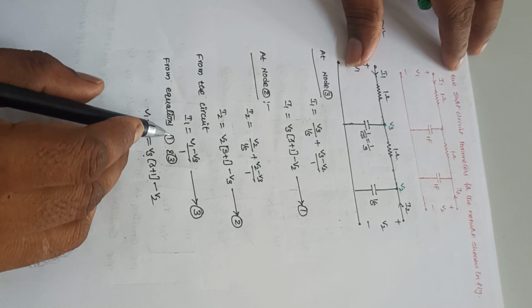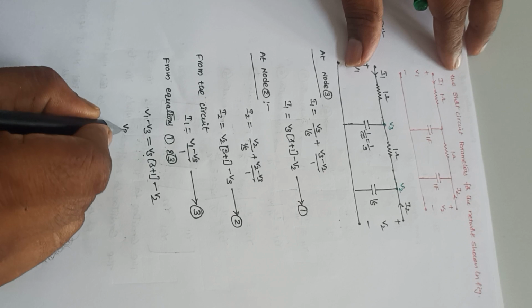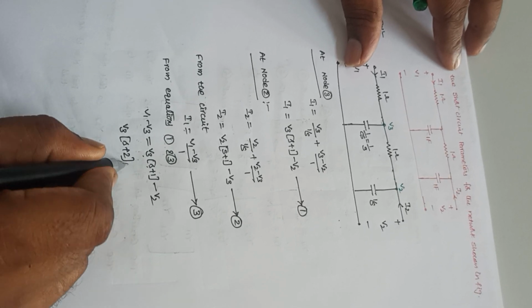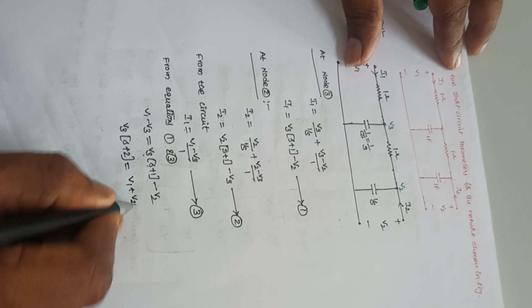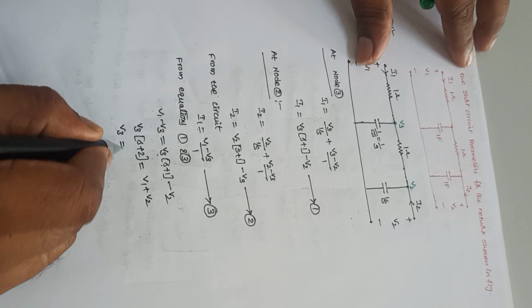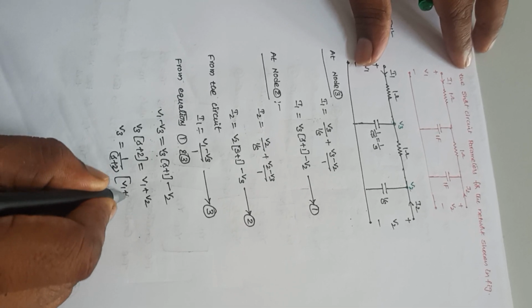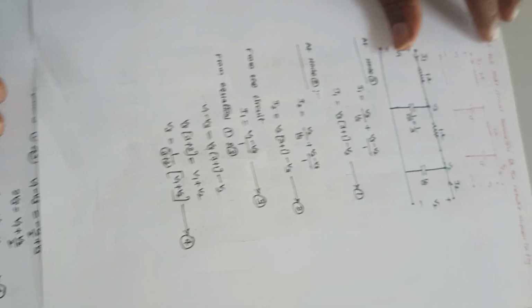Because of that reason only I am equating this expression with this equation. Now if I bring this V3 to that side, it is S plus 2 into V3 equal to V1 plus V2. So V3 is equal to 1 by S plus 2 into V1 plus V2. Let us consider this one as equation number 4.